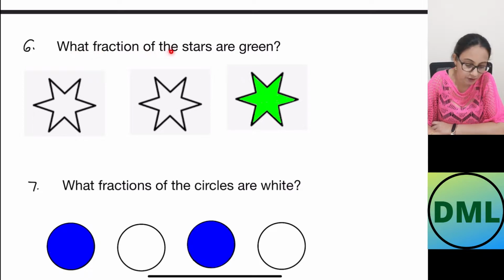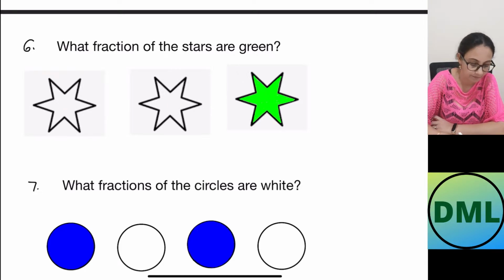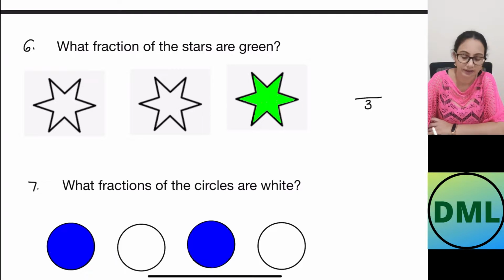What fraction of the stars are green? Right? Now I am looking for green stars. So first I will look for how many figures I have. I have 1, 2 and 3 figures. So 3 will come in the denominator. Now I am looking for green stars. How many green stars do I have? 1, right?